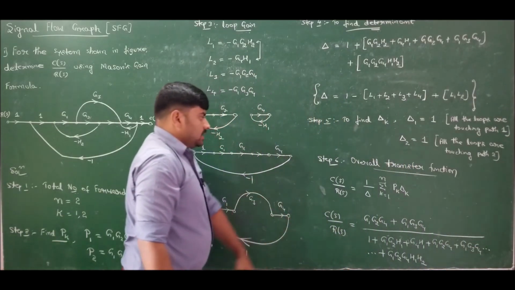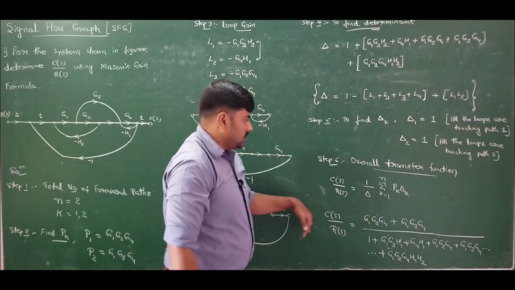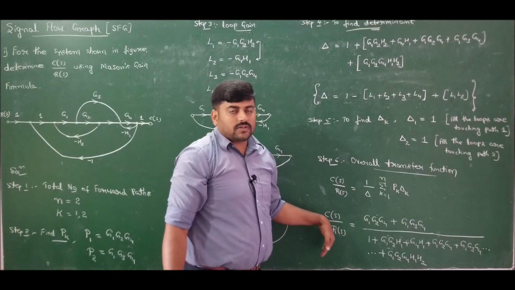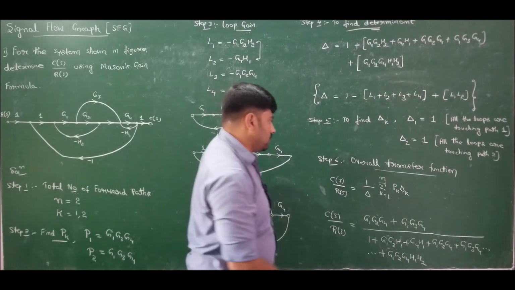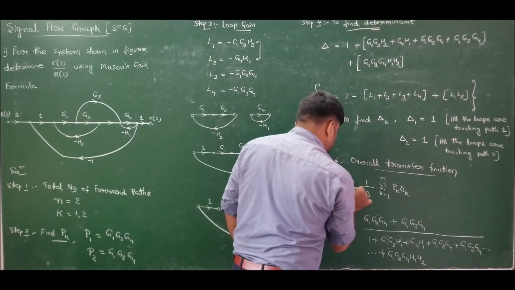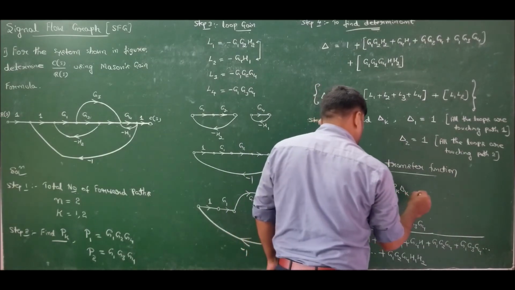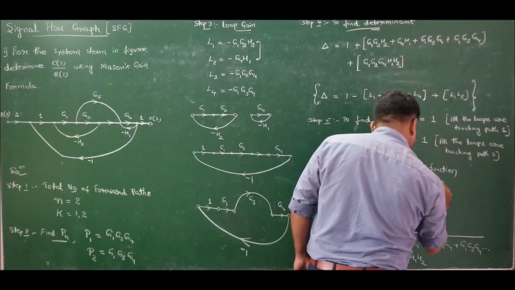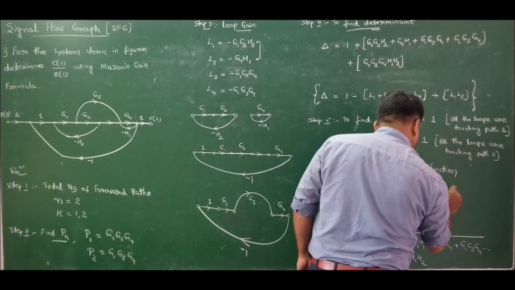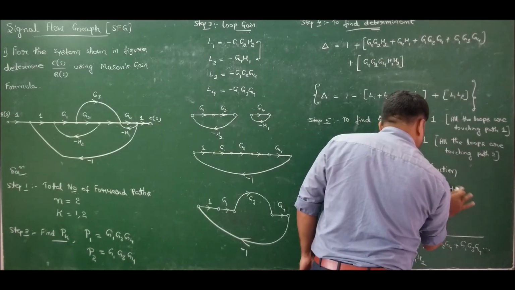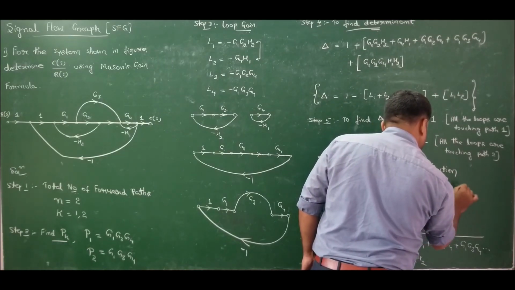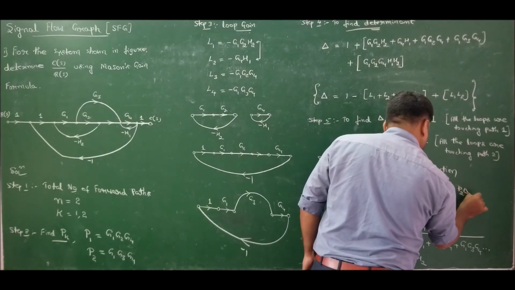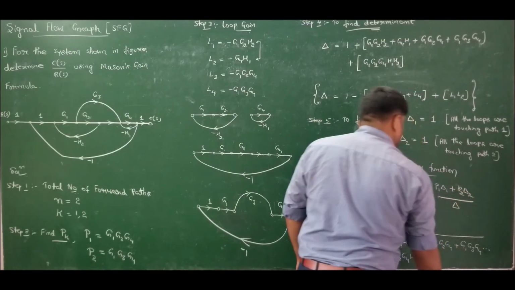So this is the final solution for problem number 1. This is the overall transfer function for the given signal flow graph. Since k varies from 1 to 2 for us, it is P1 delta 1 plus P2 delta 2 by delta.